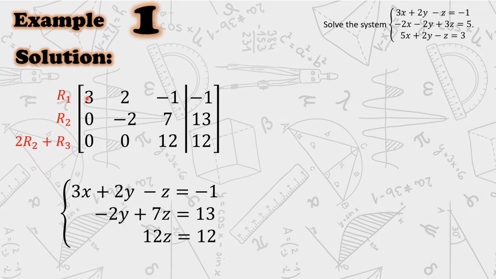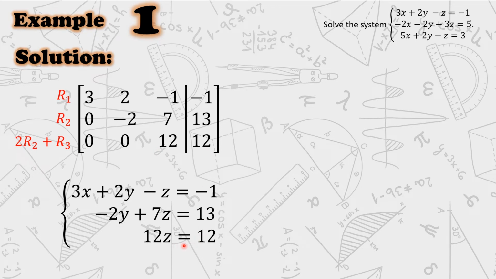So we have 3x plus 2y minus z equals negative 1 in the first equation. Negative 2y plus 7z is equal to 13 for the second equation. And 12z equals 12 for the third equation.